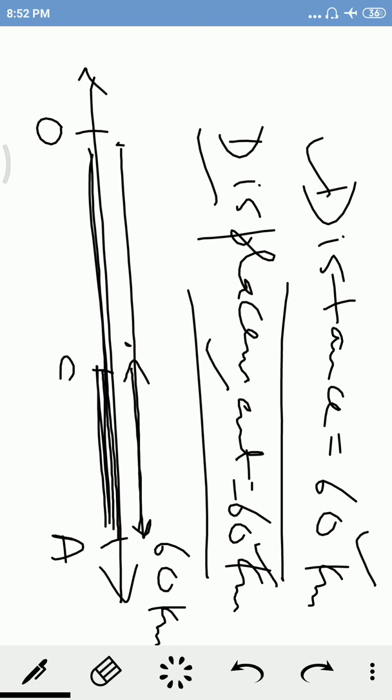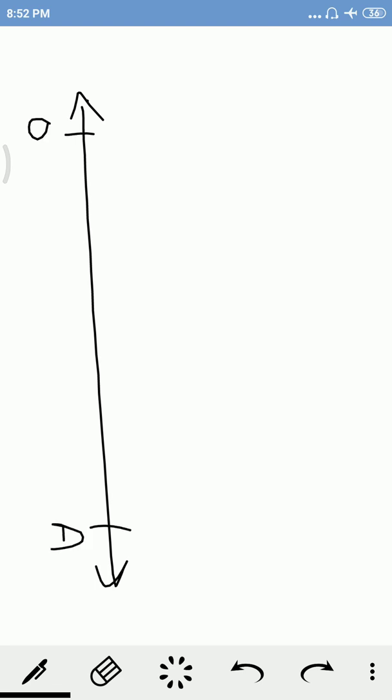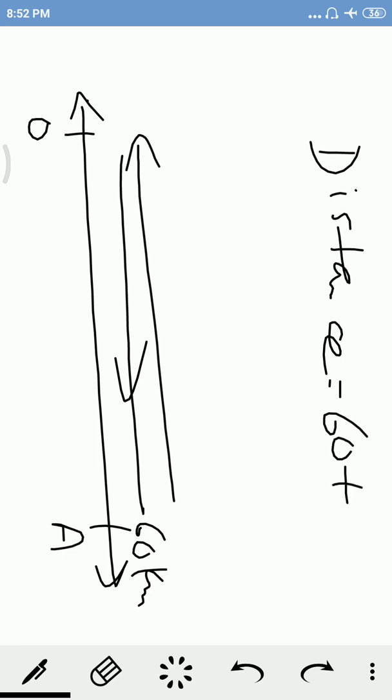Okay, now the next question is, can displacement be zero or not? Yes, displacement can be zero if the object returns to its initial position. Like the object started from point O and comes to point A, which is 60 kilometer away from O, and it returns again to point O. Now in this case, the distance will be 60 plus 60, here we are not considering the direction.